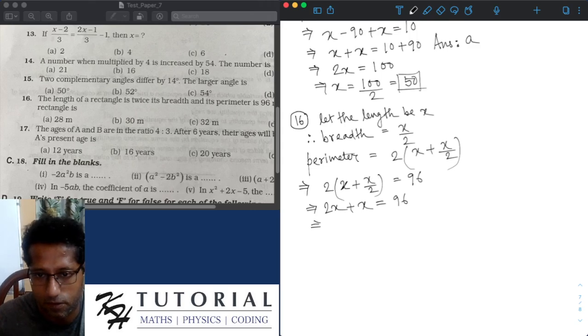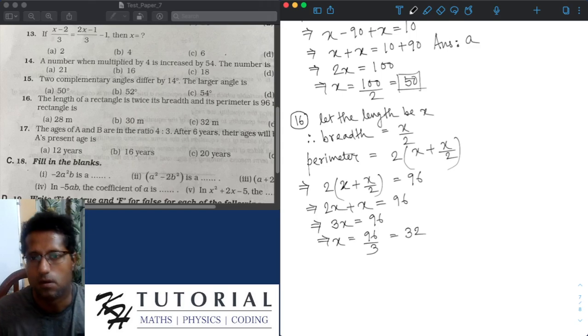This implies 3x equals 96. This implies x equals 96 by 3, that is 32.